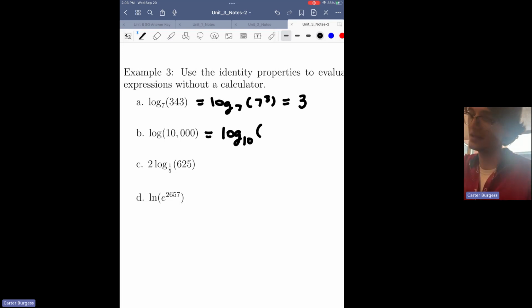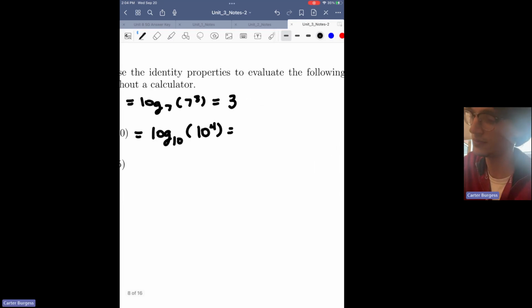What's our really fast way of figuring out powers of 10? Just count the number of zeros and that'll tell you the power of 10. In this case, we've got 4 zeros, 10 to the 4th. And so log base 10 of 10 to the 4th, what power do I have to raise 10 to, to equal 10 to the 4th? 4.